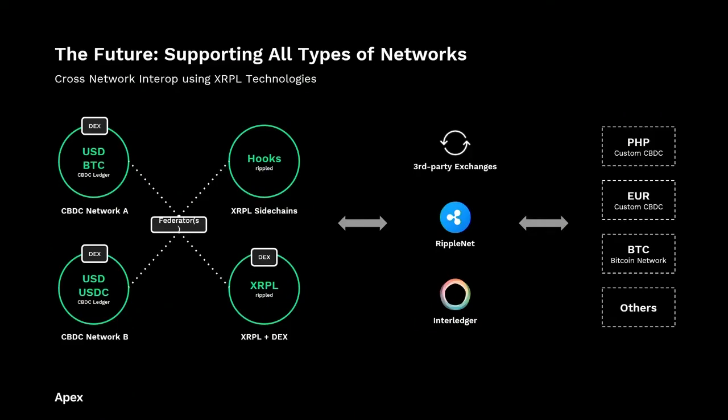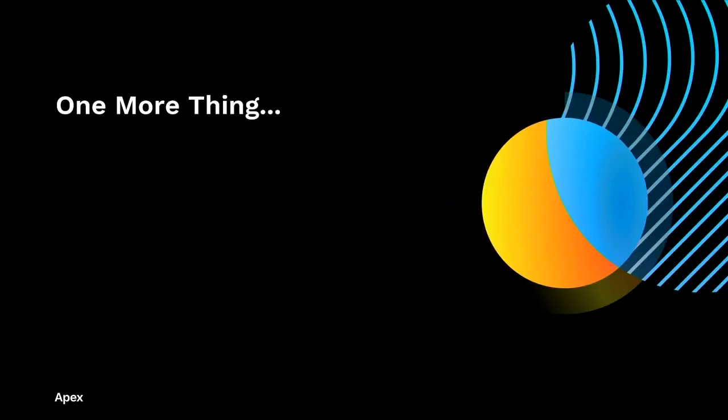And we can use other technologies. You'll hear more about Interledger today and tomorrow. RippleNet is a core piece of software that can bridge the gap between XRP Ledger and other networks. And then there's just third-party exchanges. This is probably the simplest way to move from one network to another. So we really think this is the future of money.